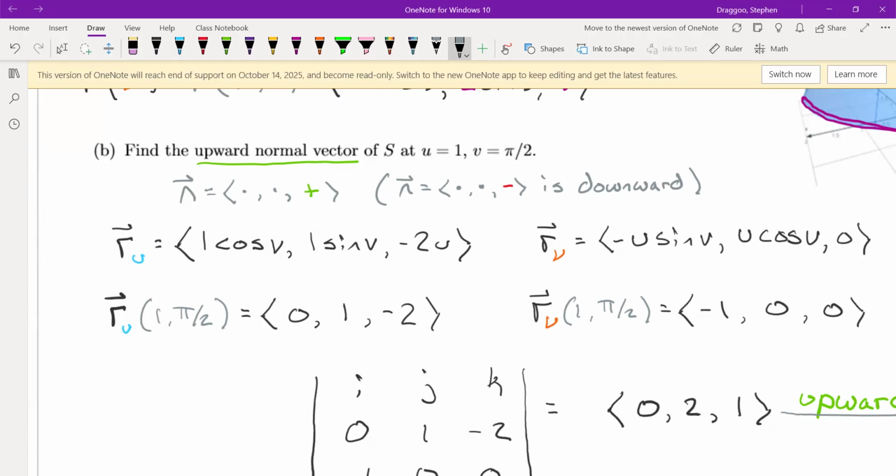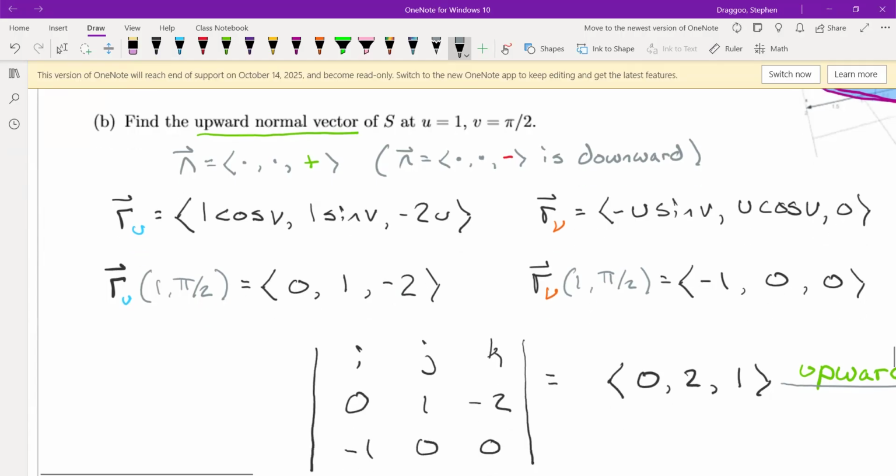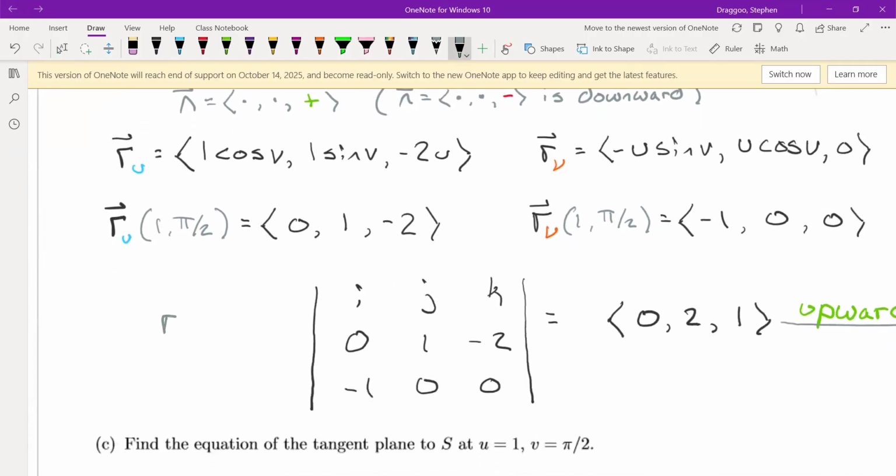So positive z is upward and negative z is down. So over here, I really meant to write in, this was r partial u cross r partial v. So it's usually a good idea to label what it is I'm doing. It generally seems like a decent idea, particularly if anybody's going to try to come back through and read my notes later.